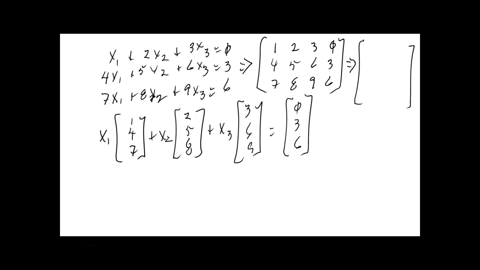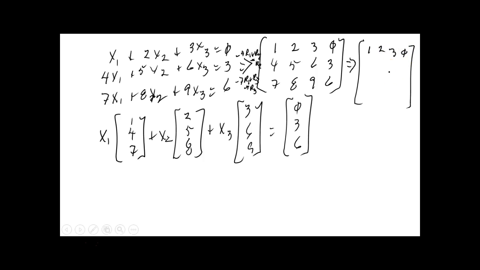What will you do first? Well, -4 times row 1 plus row 2, and then -7 times row 1 plus row 3. Okay, so we're using row 1: 1, 2, 3, 0.